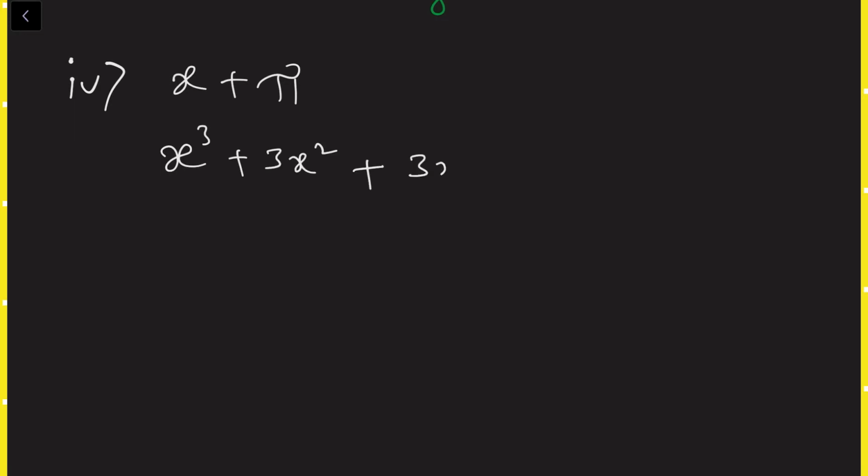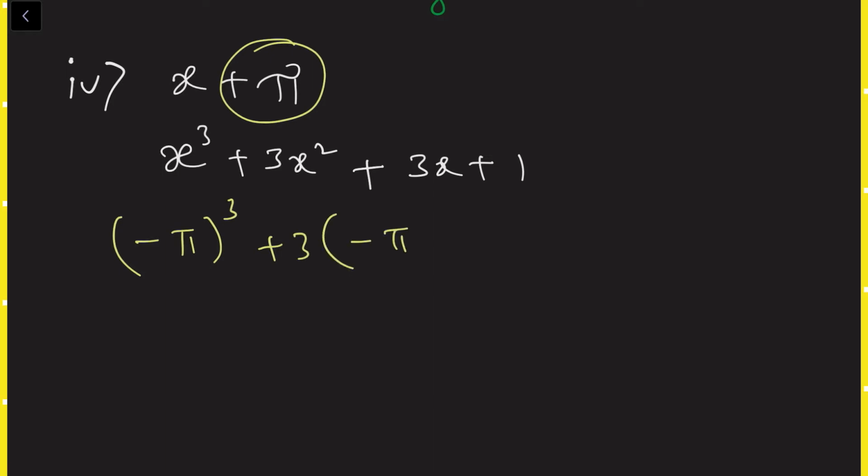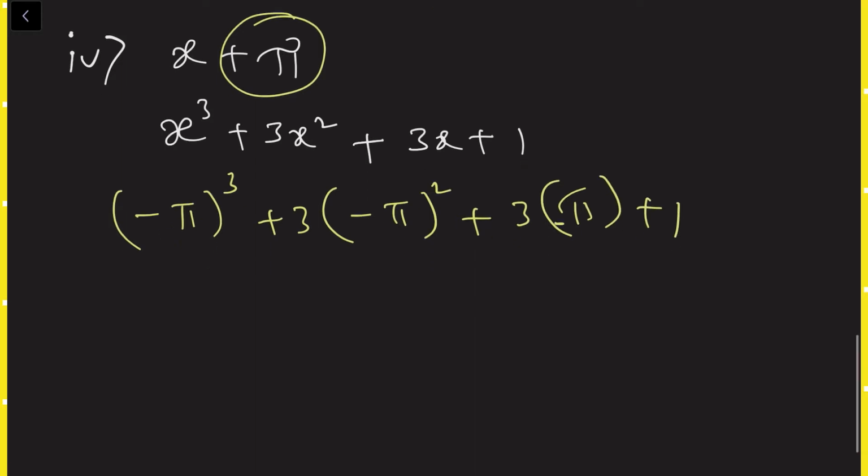Next, let us move to the fourth one. Okay, fourth one is x plus pi. So the polynomial is x cube plus 3x square plus 3x plus 1. Here plus pi is there, so we need to substitute minus pi. Minus pi whole cube plus 3 into minus pi whole square plus 3 into minus pi.